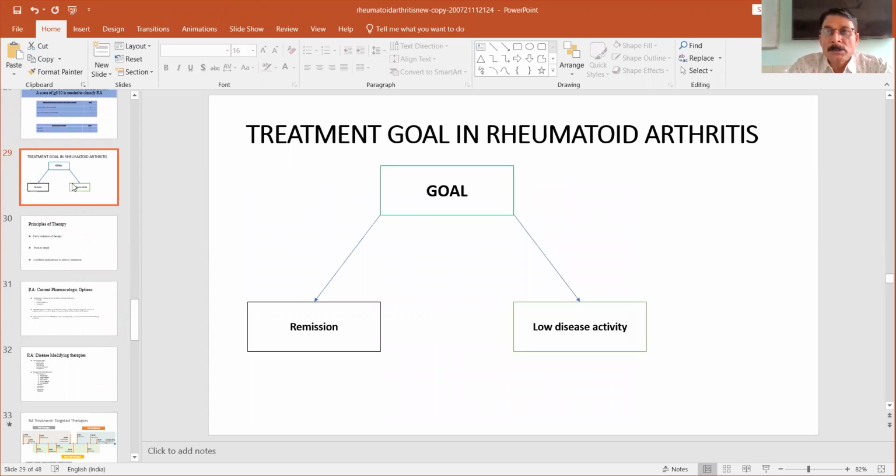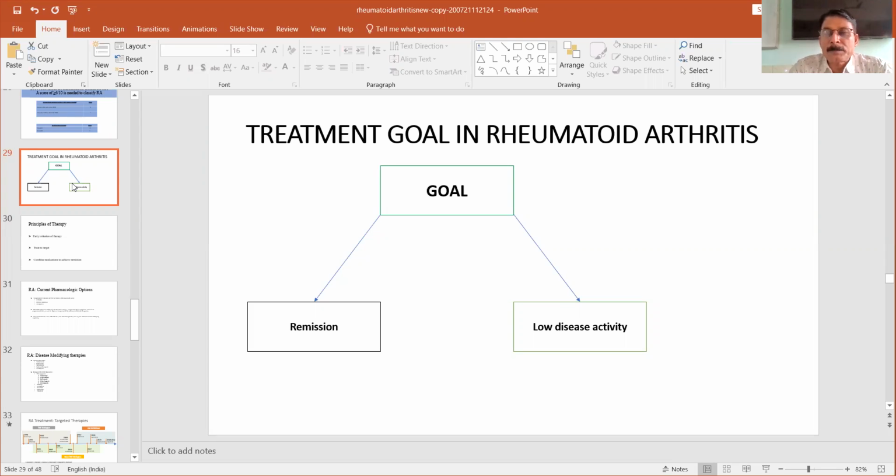It is true that today we do not have any medicine which can eradicate this disease. This is not possible. Like tuberculosis, you can do it, but here it is not possible. So here one can give remission to the disease, and also you can reduce the disease activity. Remission may be there, like getting relief from the problem, but not exactly eradicated.